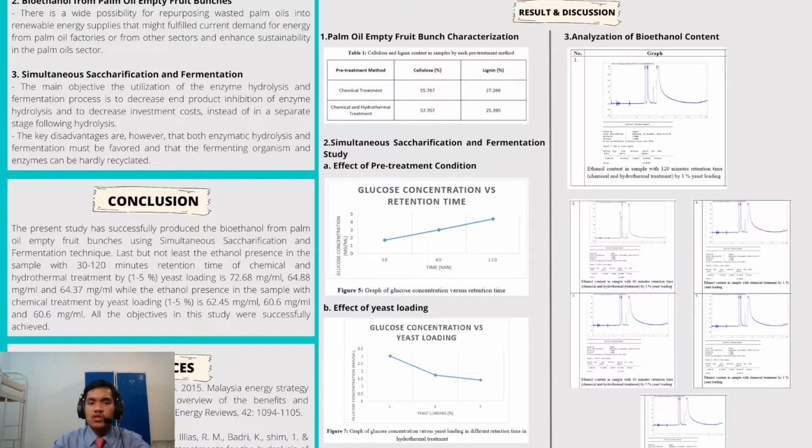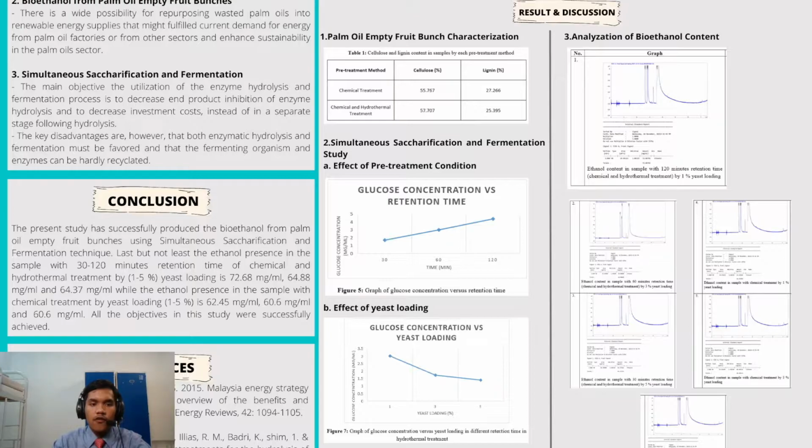It shows that the sugar concentration increased as the hydrothermal treatment condition got more severe. The severe condition, which is a longer retention time in hydrothermal treatment, dissolves more hemicellulose, increasing enzyme accessibility to cellulose, and as a result, more glucose was generated after the enzymatic hydrolysis.